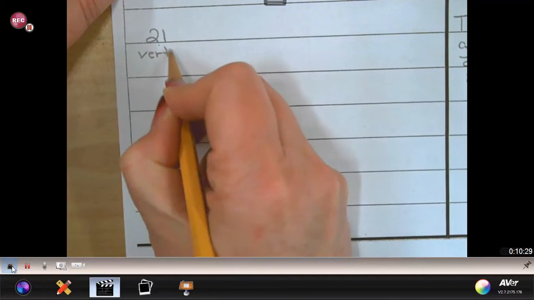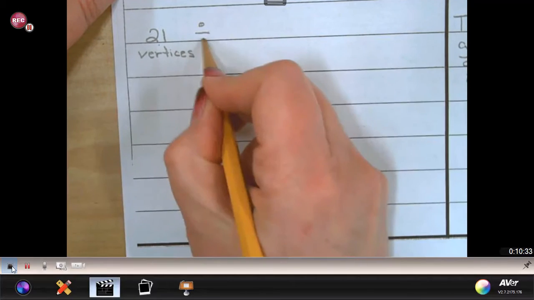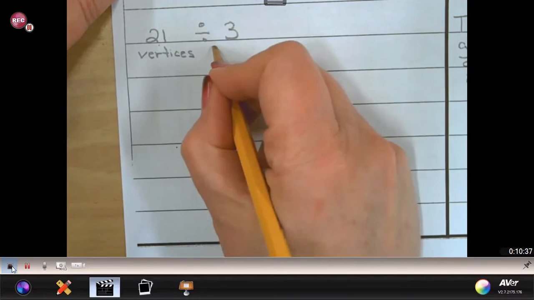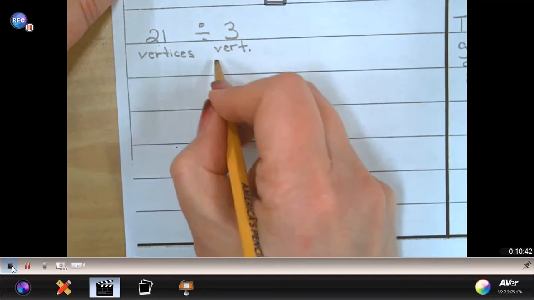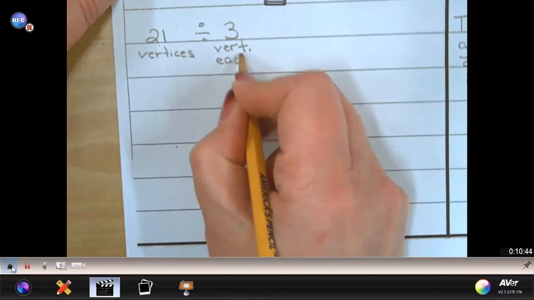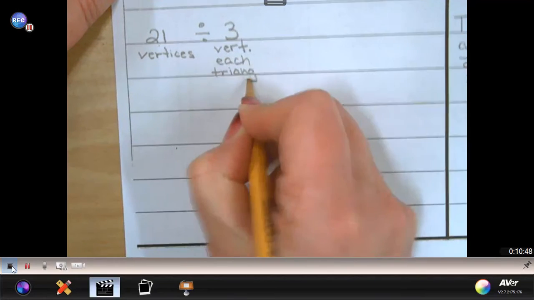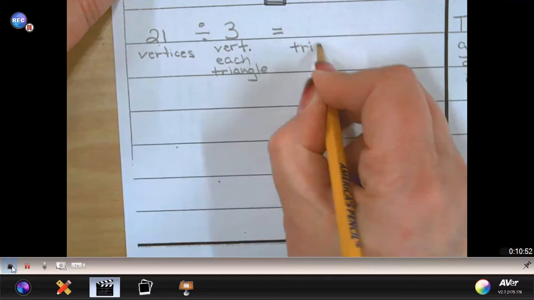And I'm going to use all of those vertices and divide them up into 3 vertices for each triangle. The triangle is the group. Each triangle. Now, we're looking for the groups or the triangles we can draw.